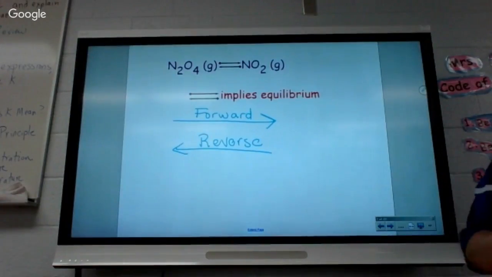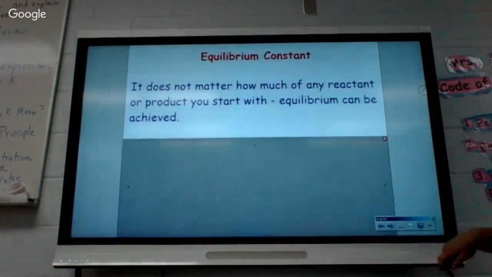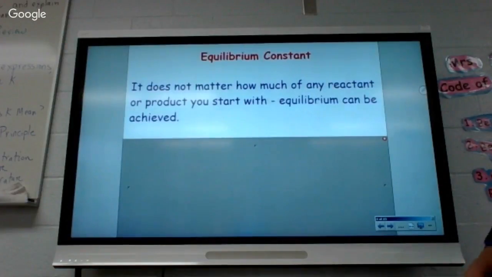Everybody there? Okay. Now, we're going to calculate an equilibrium constant today. That's the other half of the quiz on Monday. An equilibrium constant is going to be K. It does not matter how much of a reactant or product you start with. The amounts don't matter.